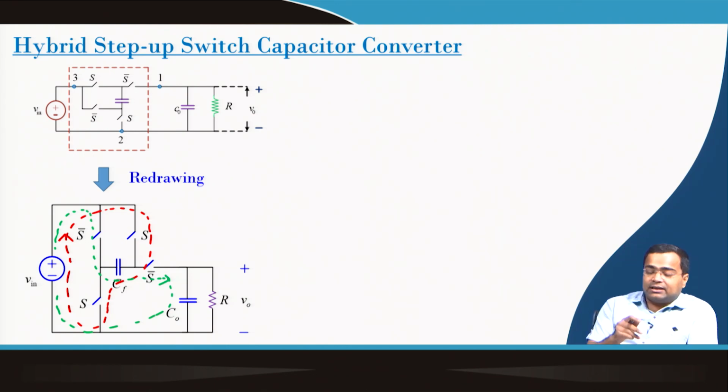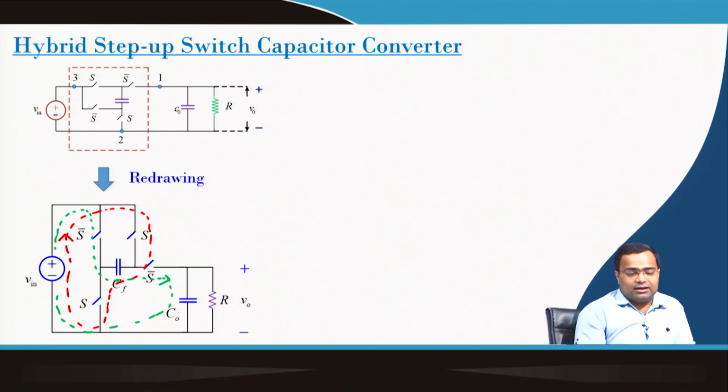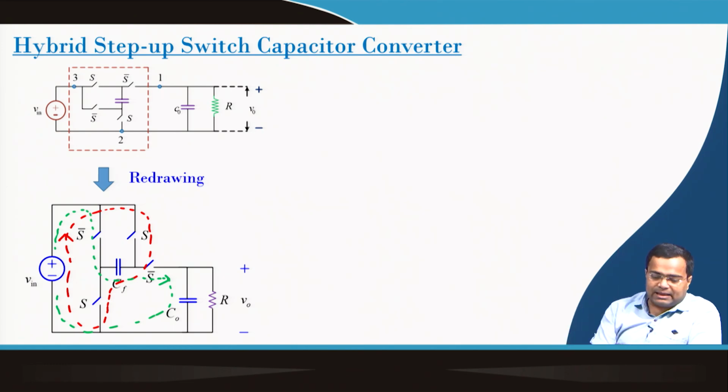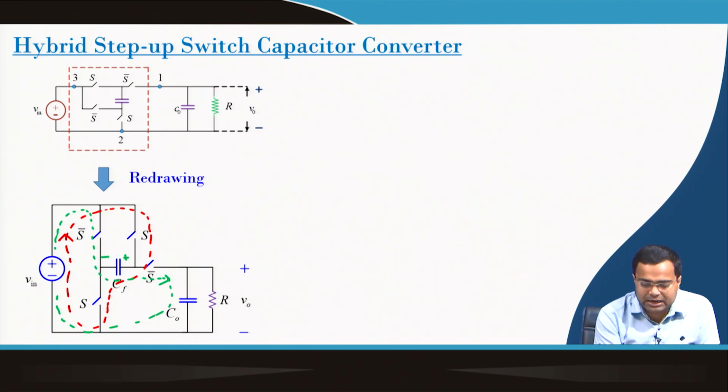Here you see, when it was charging, in the red color, the flying capacitor voltage is positive at this terminal and negative at this one. So, it was getting charged to the input voltage.